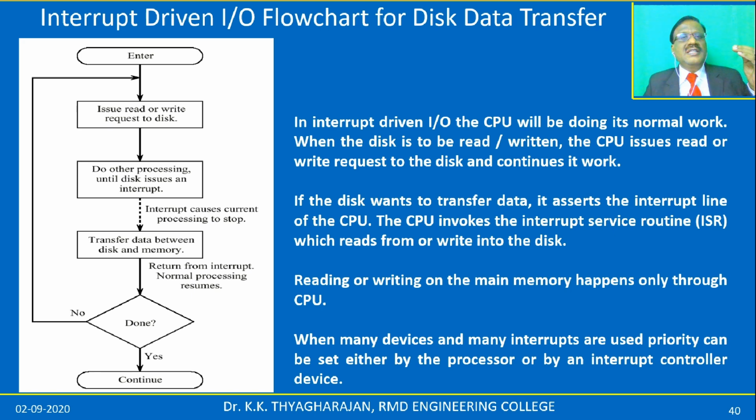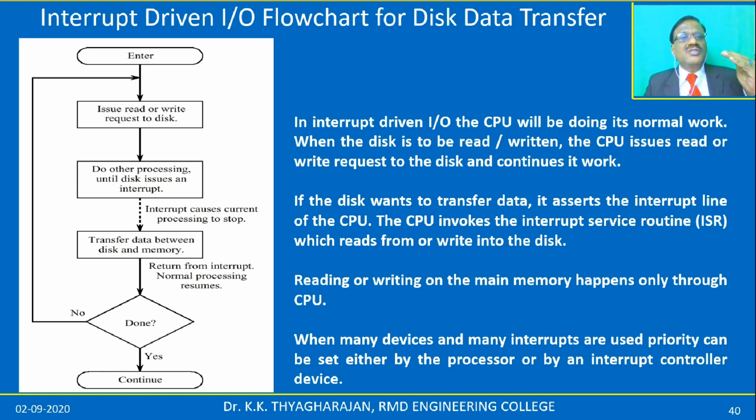Then when the disk is ready, the disk will issue an interrupt signal, and the data transfer will be done by executing the interrupt service routine. This service routine will be executed by the CPU, so it may not do any other work. It will read data from the disk and transfer it to the main memory.